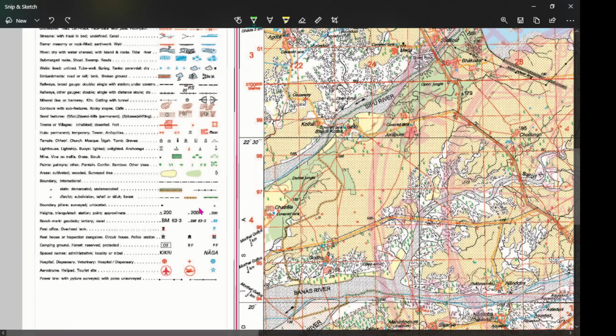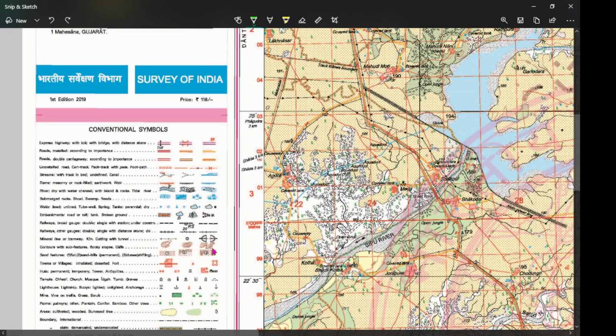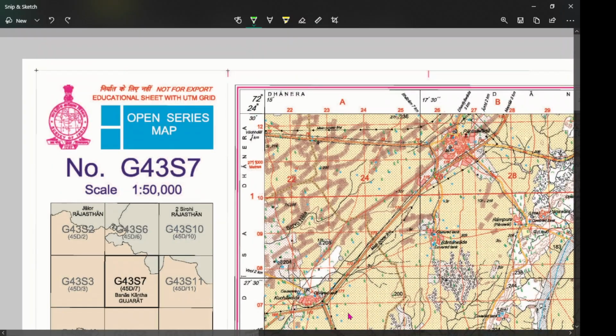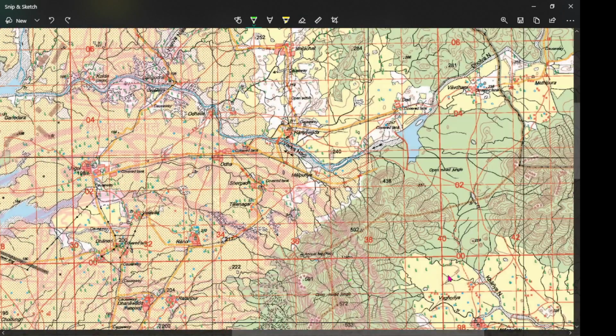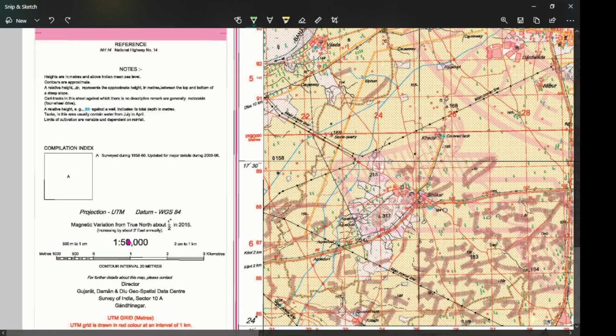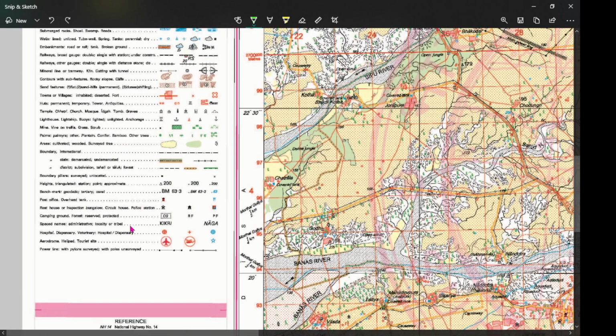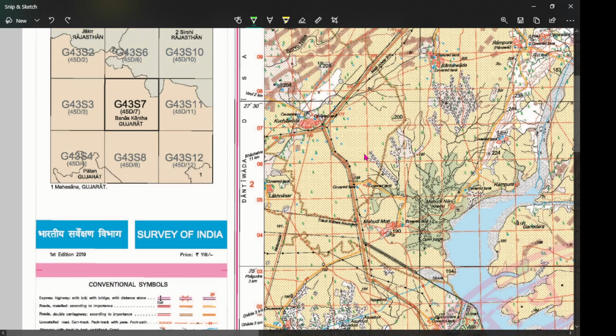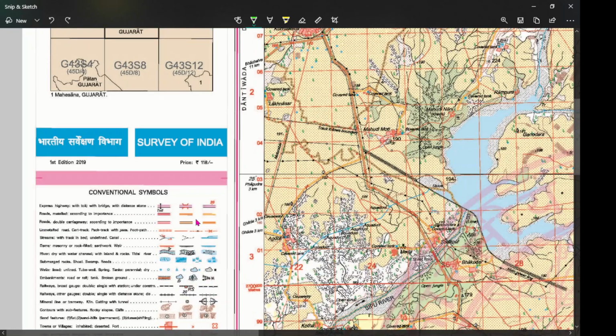I see them marked in some color like this. Whatever it is, it should be here. Something like this.